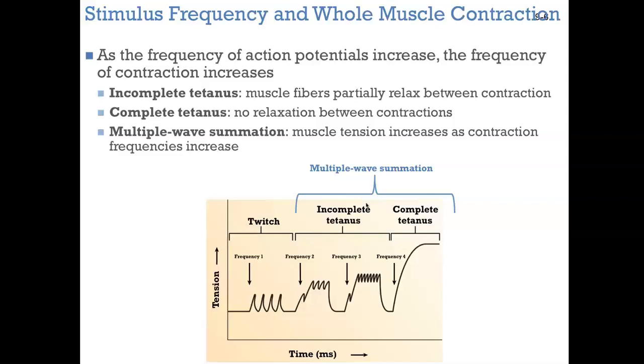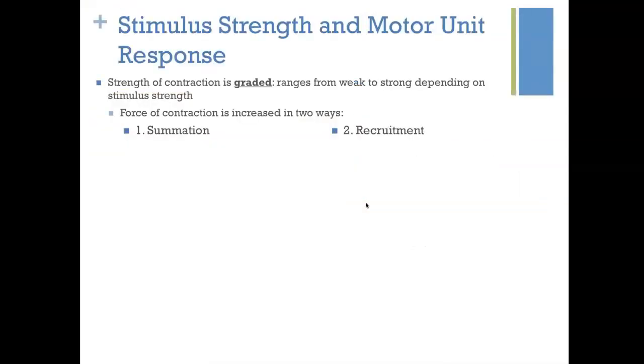So last thing I want to do before we talk about tension is compare and contrast treppe and tetanus. I'm just going to do this on this slide because I have room here. So we know that both of these are types of summation. With treppe, our stimulus is at its max level.